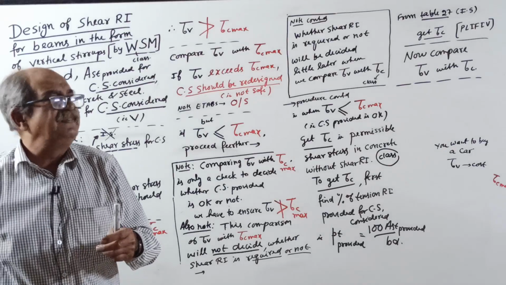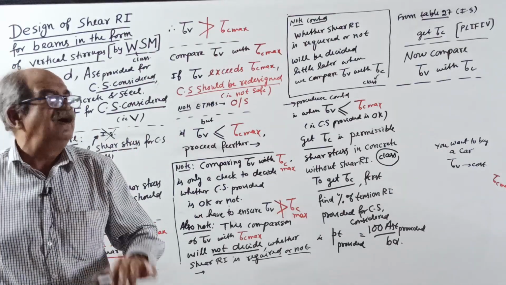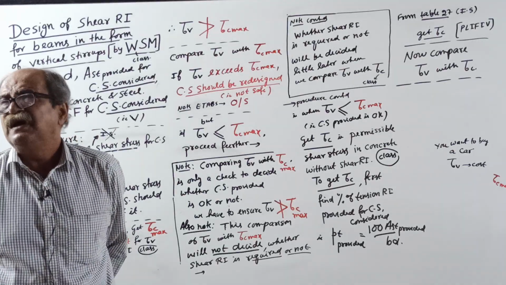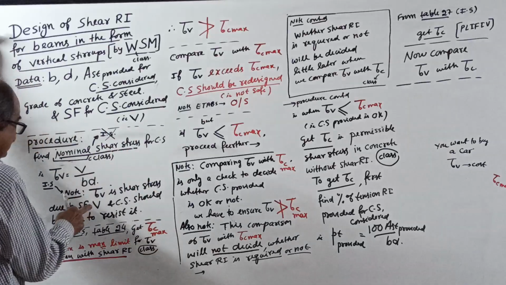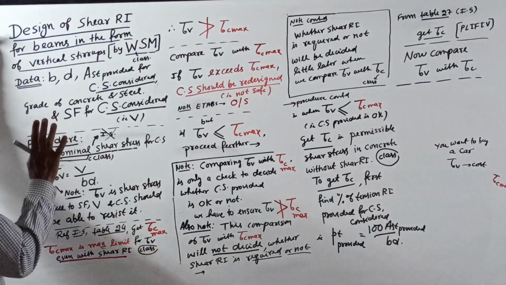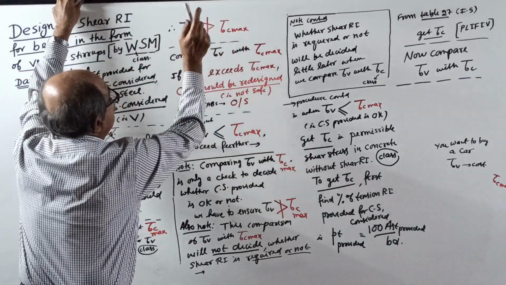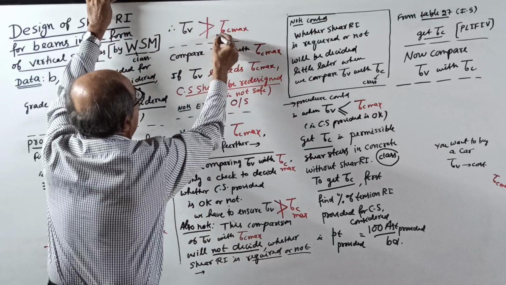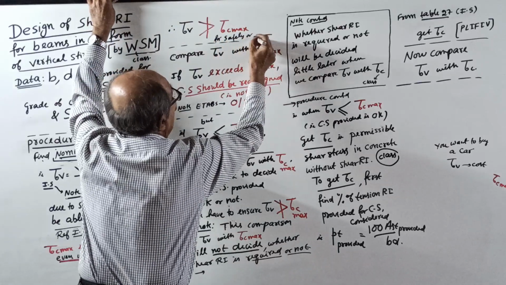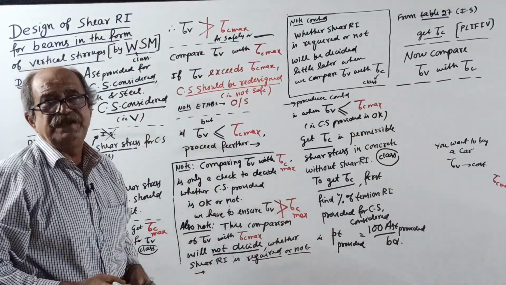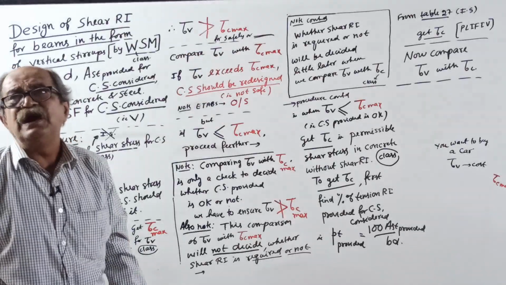Whether you provide shear reinforcement or not, how much you are providing, IS code right now is not bothered. But even after providing shear reinforcement, tau V should not exceed tau C maximum. Tau V should not be more than tau C maximum for safety. You write: for safety or adequacy of the cross section, or for the selected cross section to be okay.